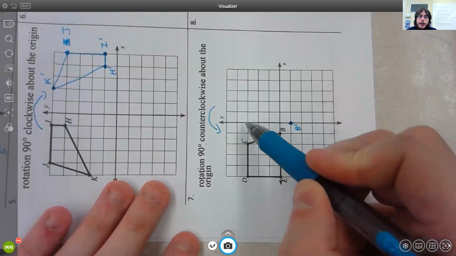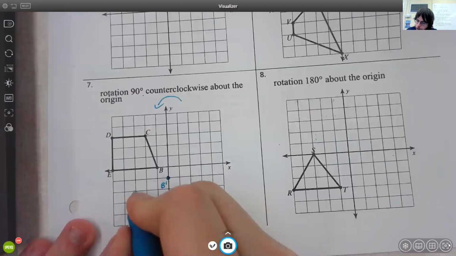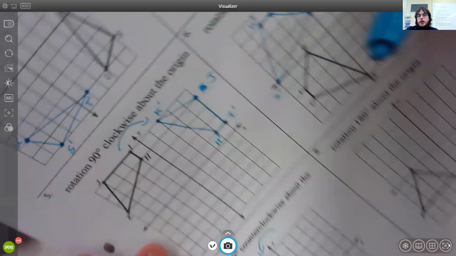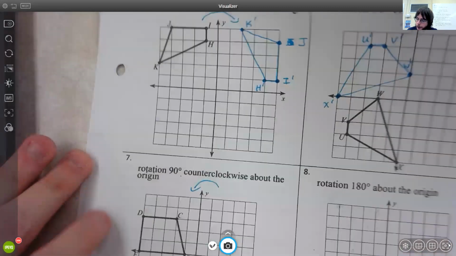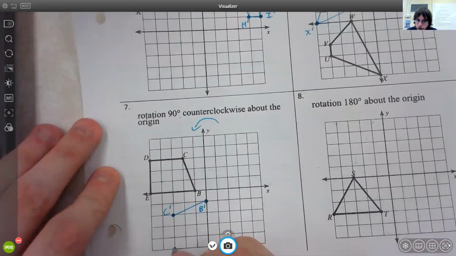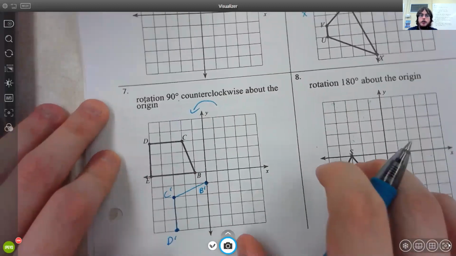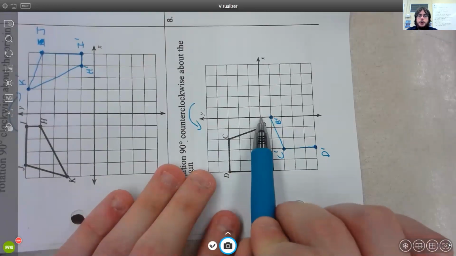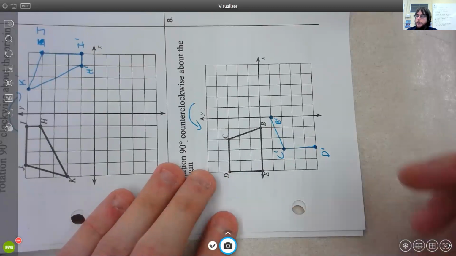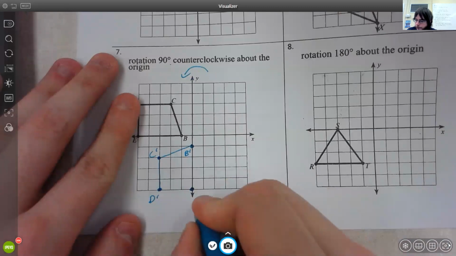You have to go left 3 and down 2, so -3, -2 for C prime. Then D, you have to go left 3, down 5, so -3, -5. And then E, you don't go any left or right, but you do go down 5, so your coordinate is at 0, -5 for E prime.